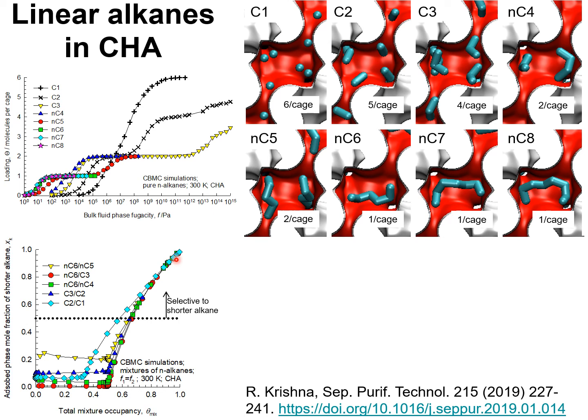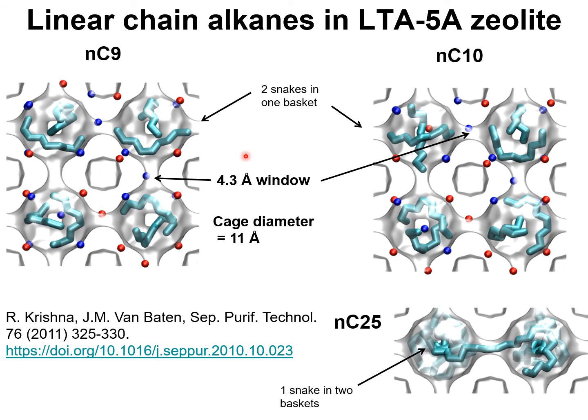The explanation of these entropy effects is precisely analogous to that highlighted earlier for separation of alcohol mixtures. The computational snapshots of the linear alkanes NC9, NC10, and NC25 in LTA-5A zeolite are shown in these pictures.